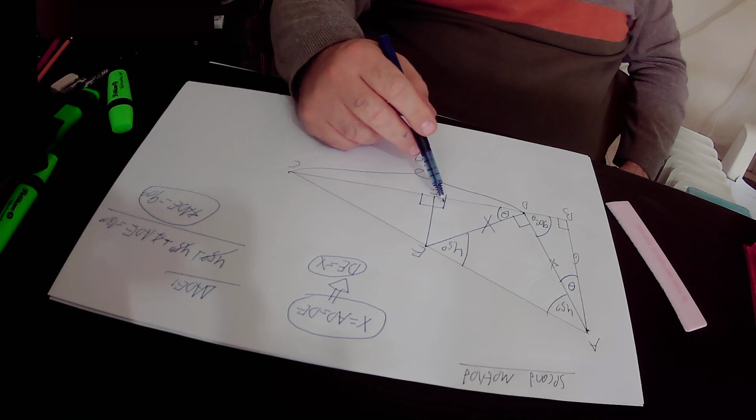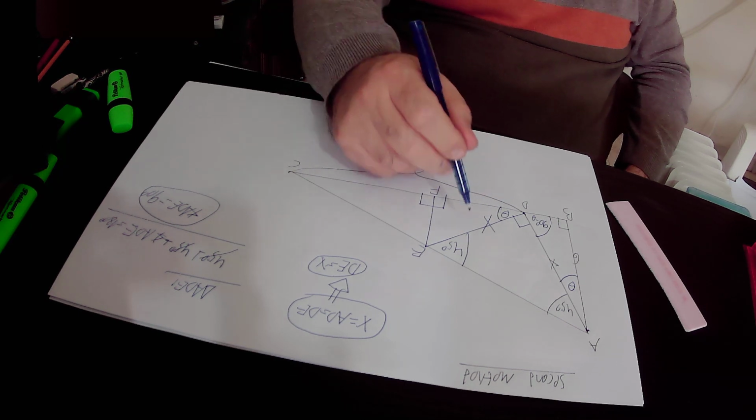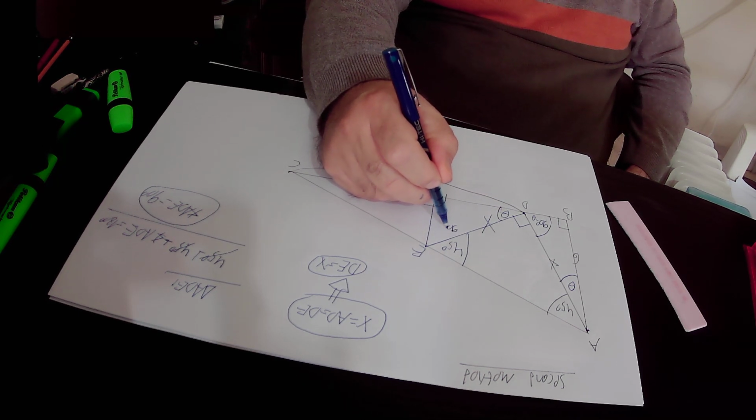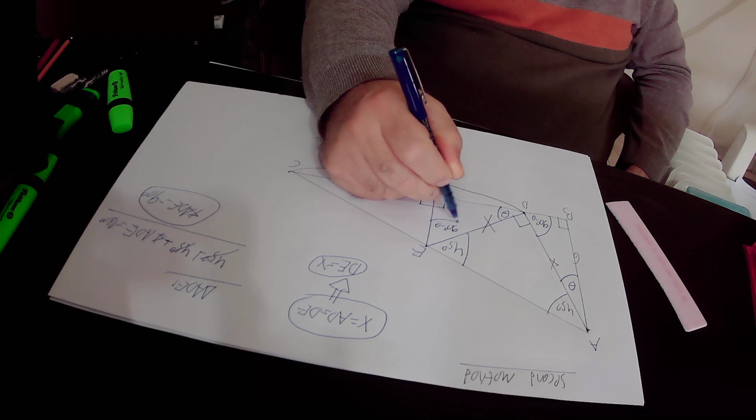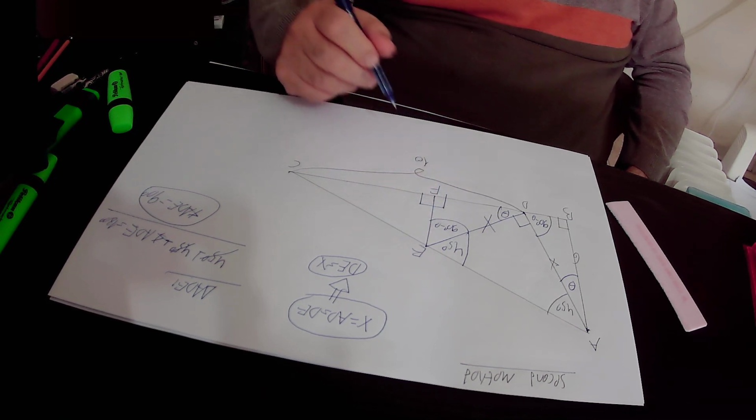In this right triangle, we know that this angle equals theta, so this angle must be equal to 90 degrees minus theta in order to complete the sum of the angles in the right triangle EDF to 180 degrees.